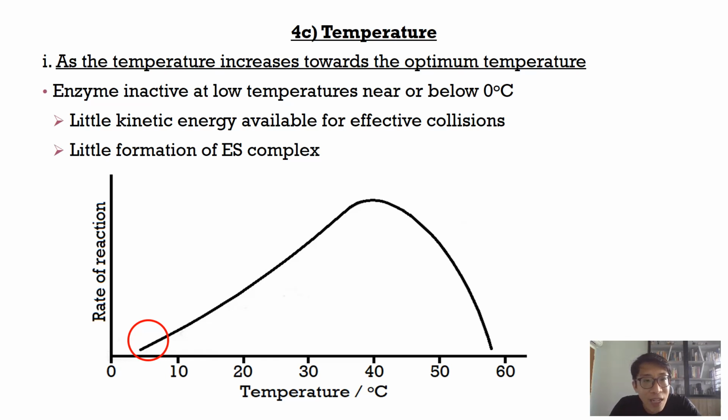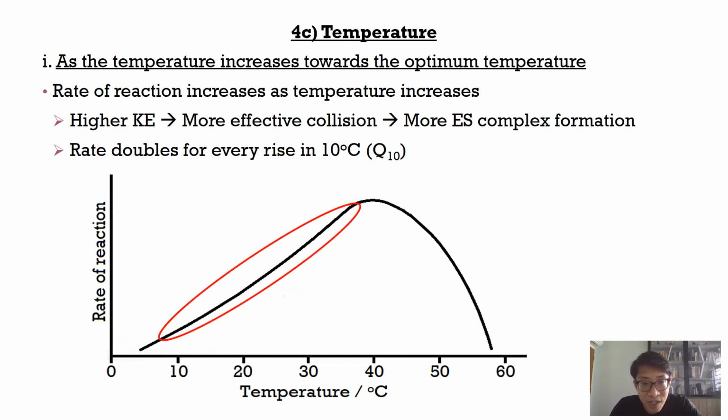But when the temperature increases, that's an increase in kinetic energy, and therefore an increasing frequency of effective collisions, forming more enzyme-substrate complexes, and then the rate of reaction would increase. For every increase in temperature of 10 degrees Celsius, the rate of reaction would double.